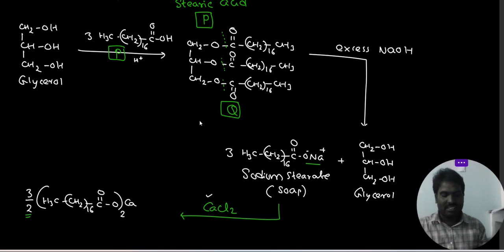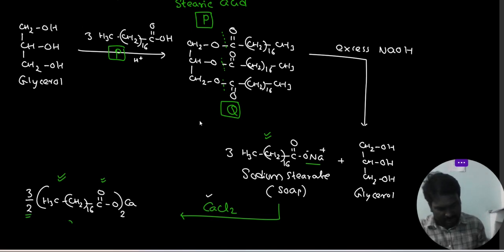Here 3 acetate ions, and on the other side also 3 acetate ions, so it is balanced. And calcium divalent, 2 plus, with 2 acetate ions is also balanced.